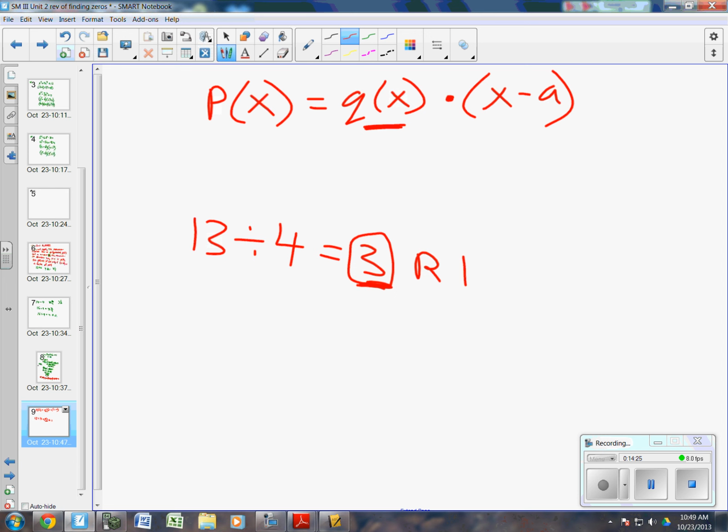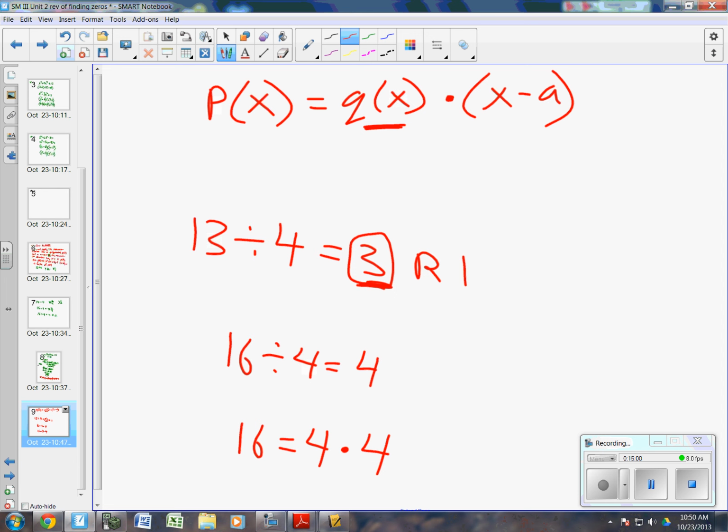So if you take the number you got times the factor you put in there, then you should get the original equation, right? Like for instance, when we did 16 divided by 4, the solution is 4, right? So 16 would be equal to 4 times the divisor, 4.